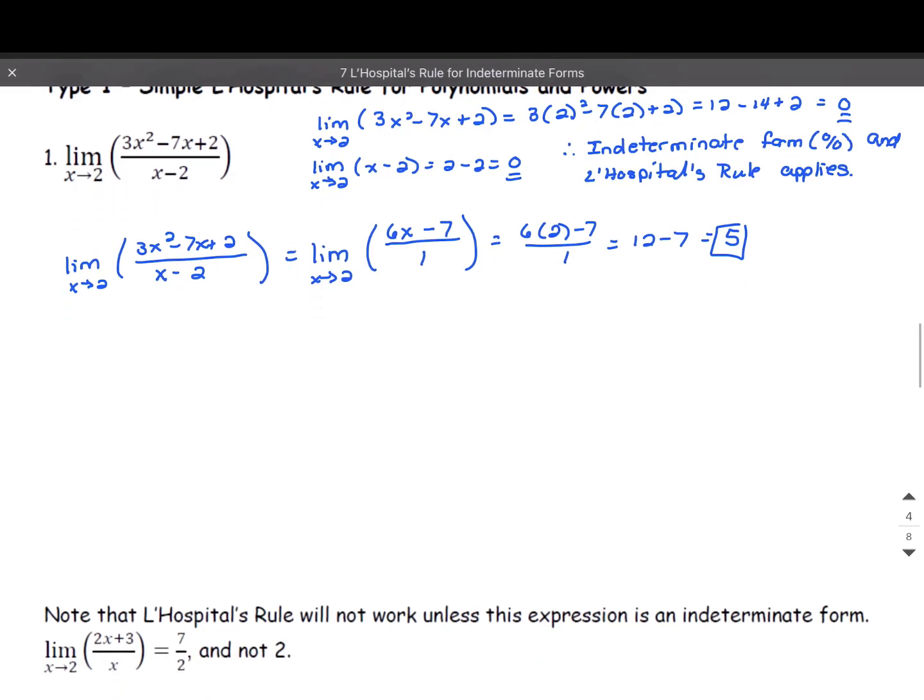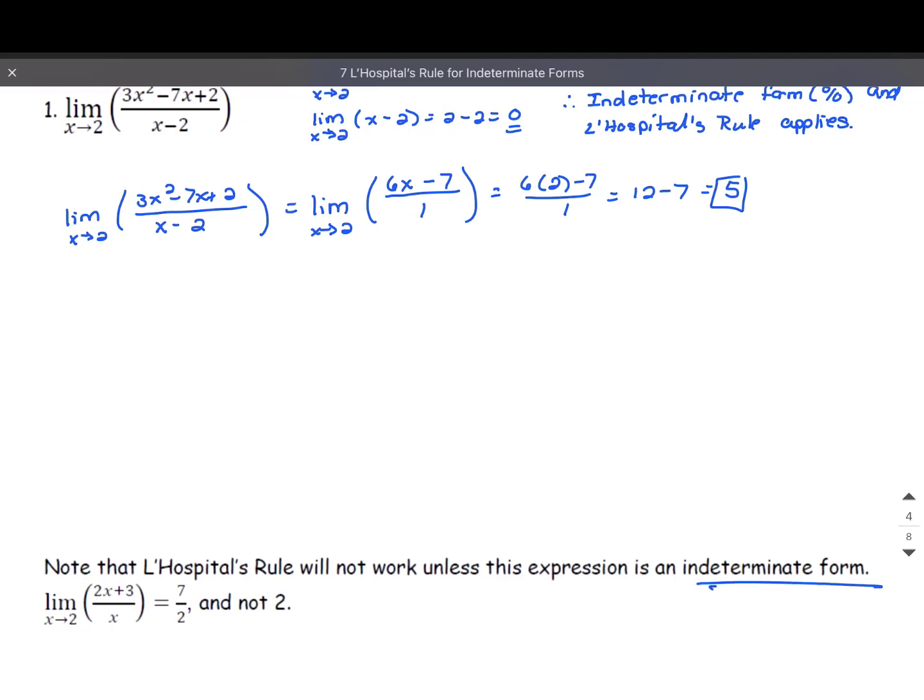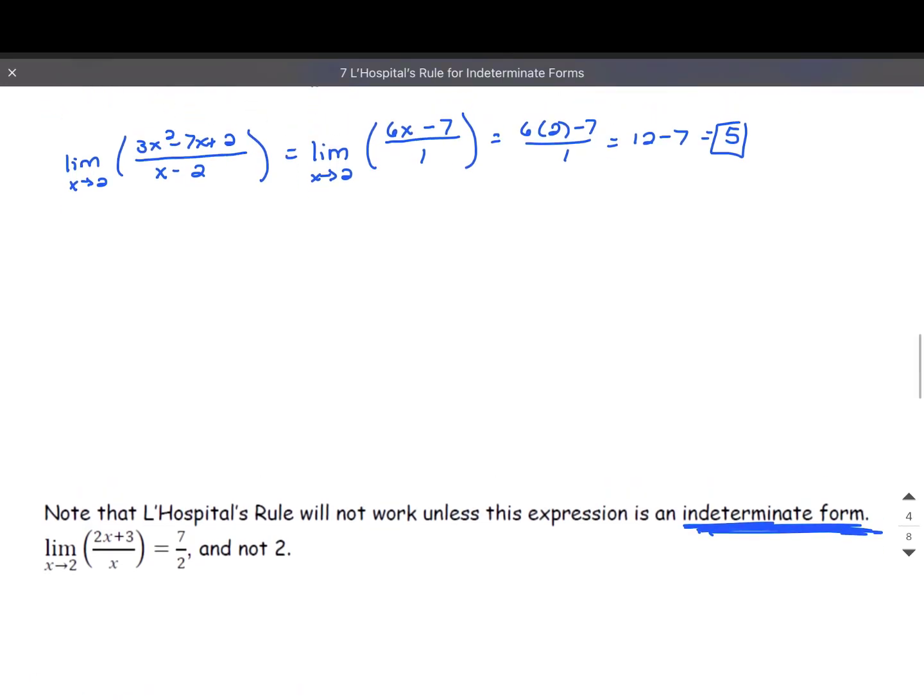It's very, very important that you realize L'Hopital's rule only works if you have an indeterminate form. If you take a look at this example, the limit as x approaches 2 of 2x plus 3 over 2, when you do the substitution, you have 2 times 2 plus 3 over 2. 2 times 2 is 4 plus 3 over 2.